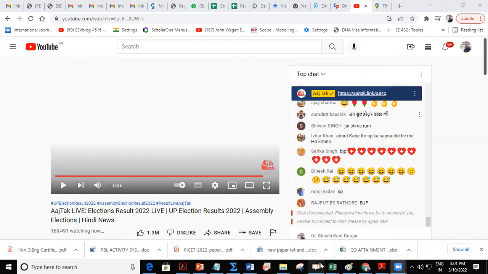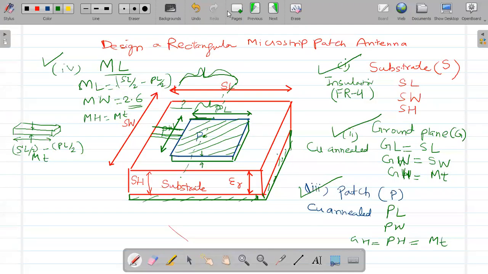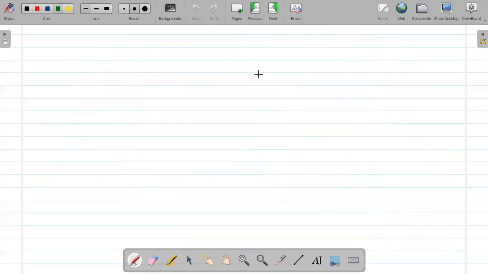So, what exactly is a microstrip antenna? I'll start with this, and then we are going to design an antenna using a microstrip antenna.